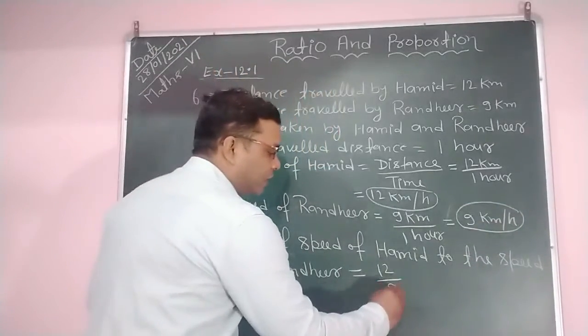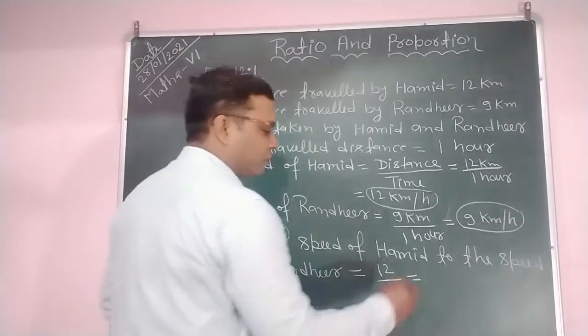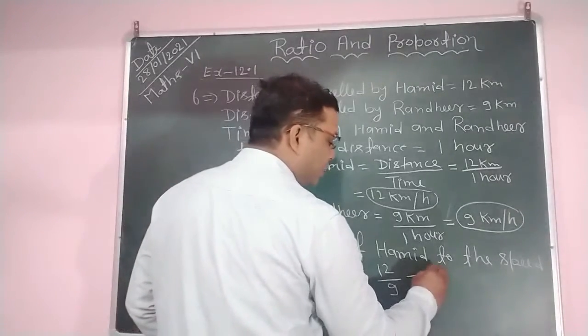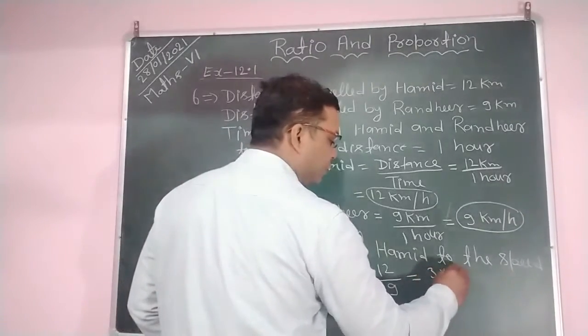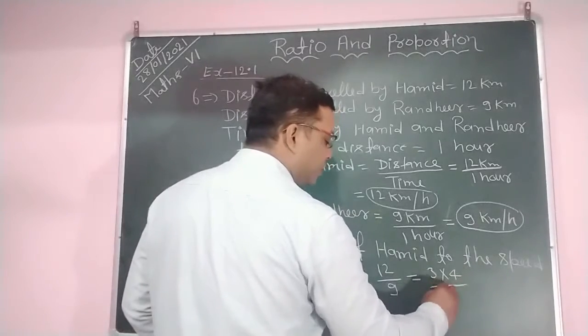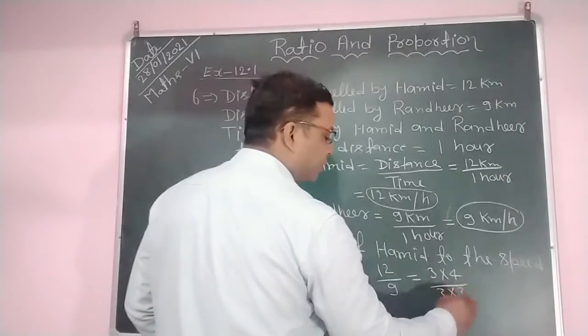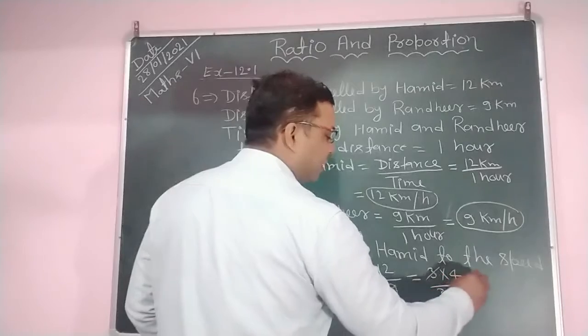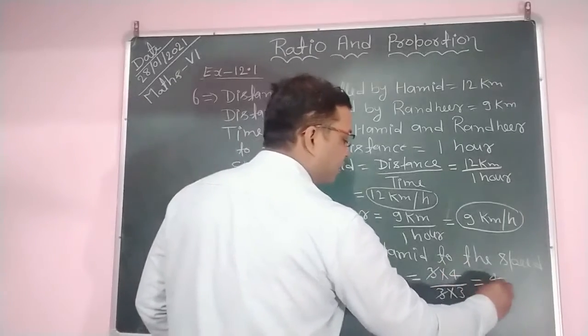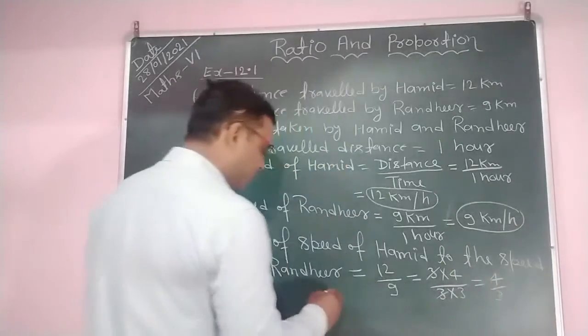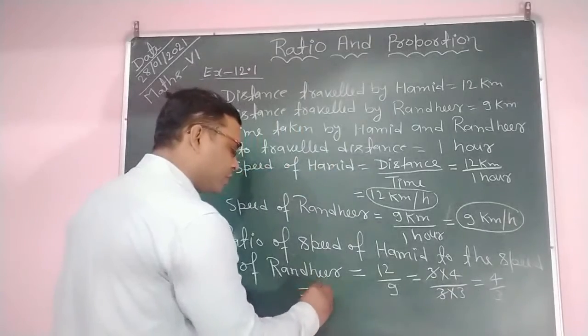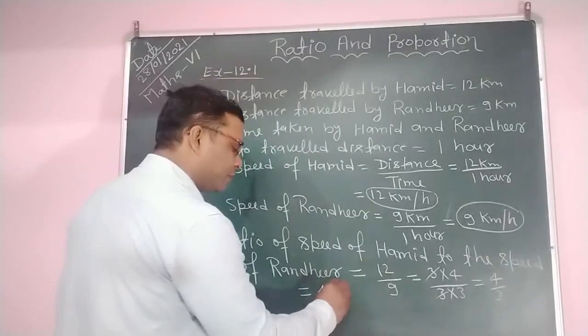So you write 9. 12 is equal to 3 into 4, and 9 you can write as 3 into 3. So you can cancel them and we get 4 by 3. 4 by 3 is equal to 4 ratio 3.